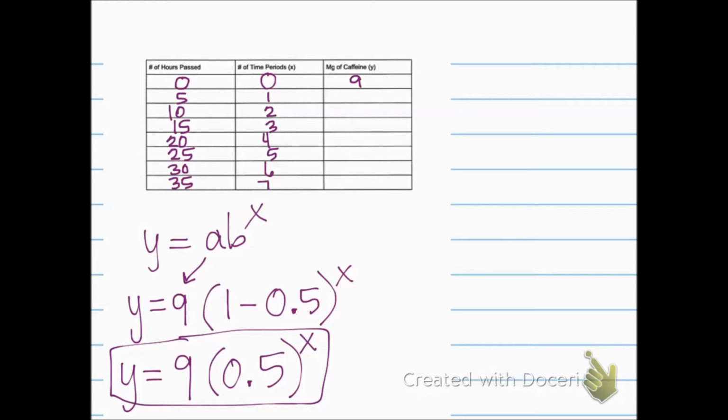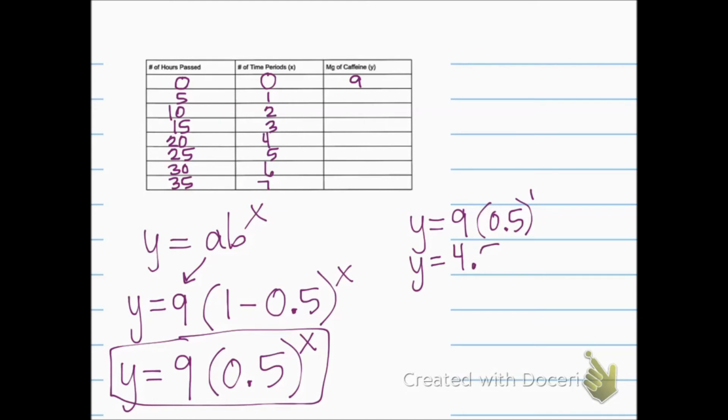Okay, so if I start with the first one, I'm going to do y equals 9 times 0.5 to the first power. And if you work that out, I'm going to use my calculator to help me out just a little bit.